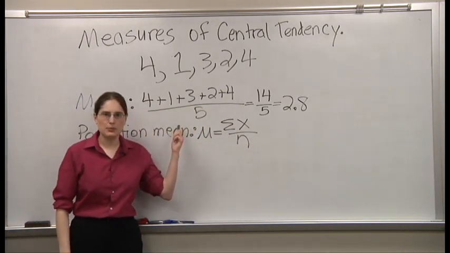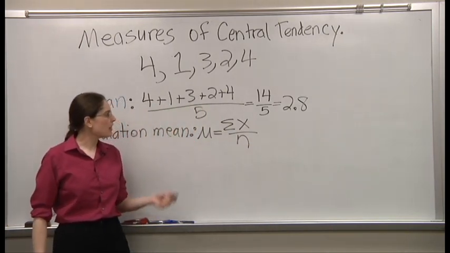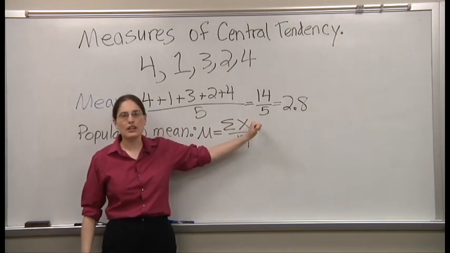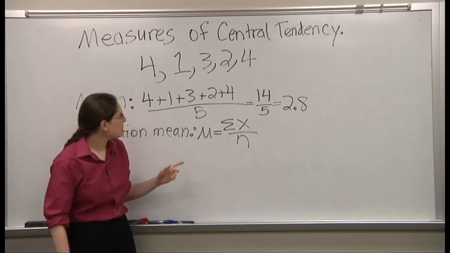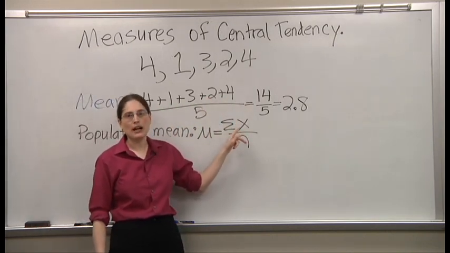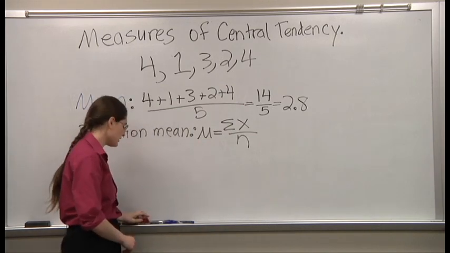Wow, I took this really simple problem and I complicated it a whole lot. X is a value of the variable. Like 4, 1, 3, 2, and 4 are all possible values of x.